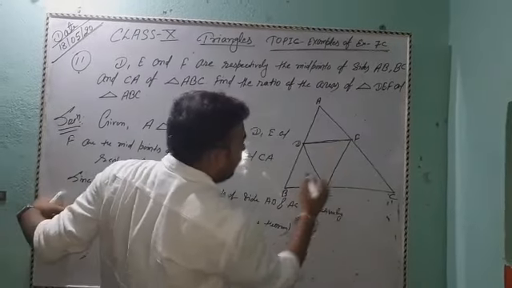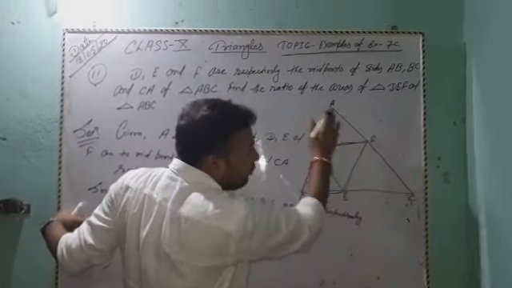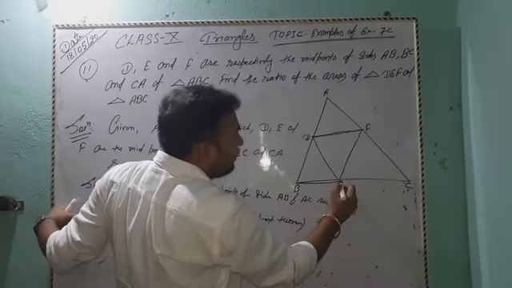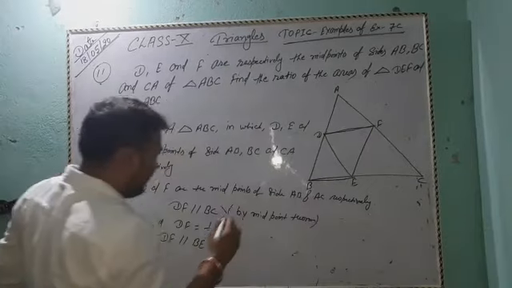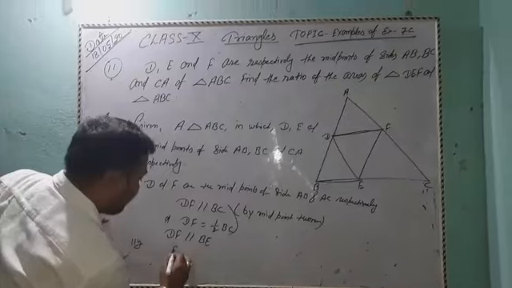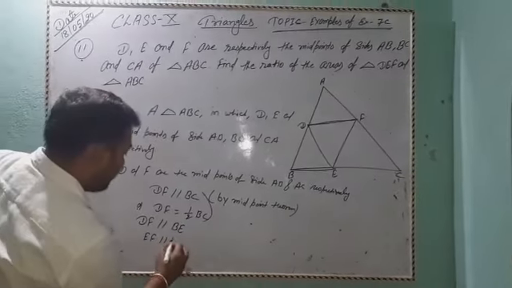DF is parallel to BE, and E and F are the midpoints of side BC and AC. Then EF is parallel to BD. Similarly, EF is parallel to BD.